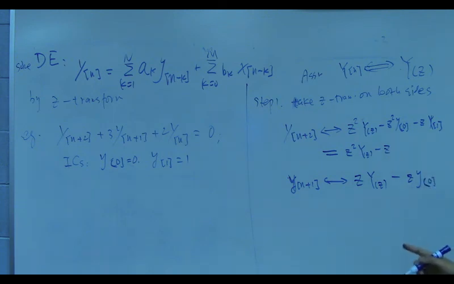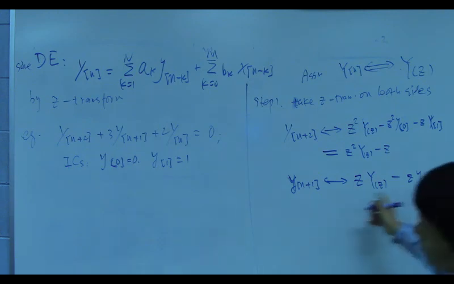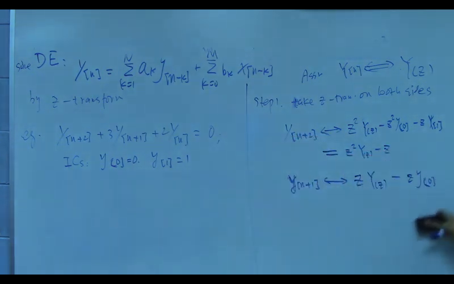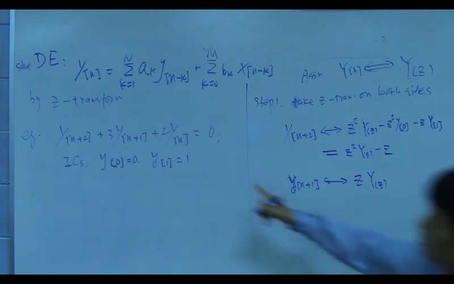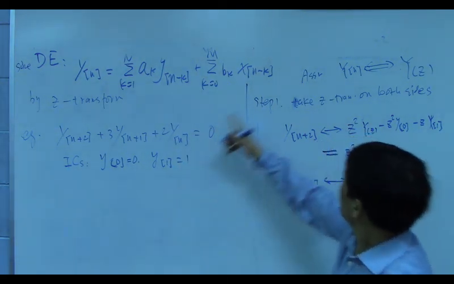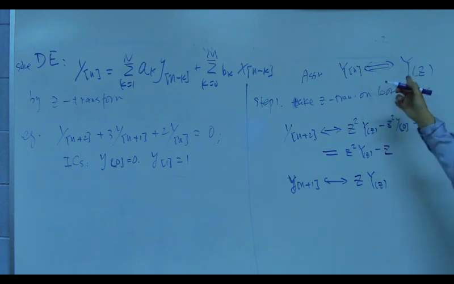That is from the theorem. What is y0? Equal to 0, so that one is gone. So this one is only here. Any question on this? Then the last one, y(n) gives us Y(z), so that is here.